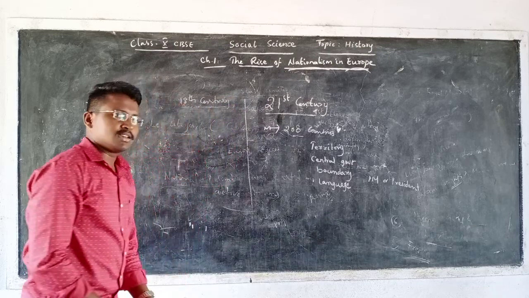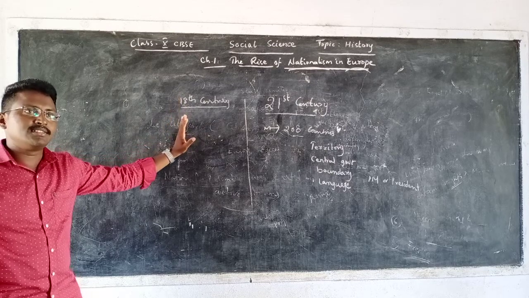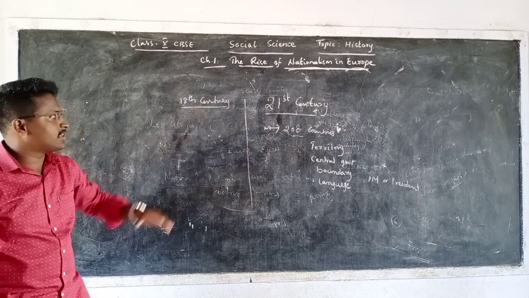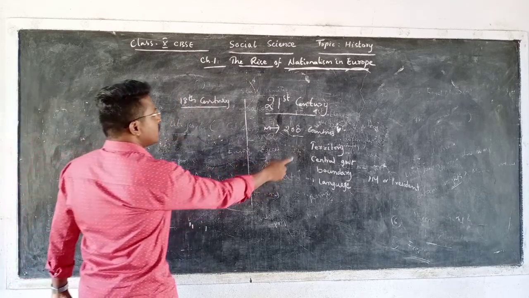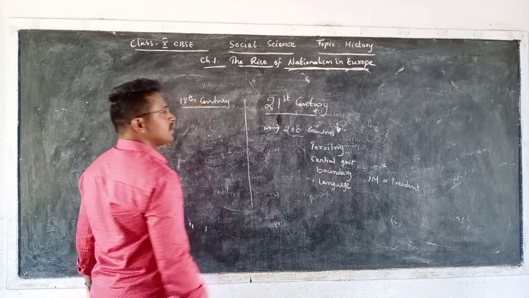What was the situation in the 18th century? In the 18th century, we did not have any particular territory, centralized government, boundaries or language.